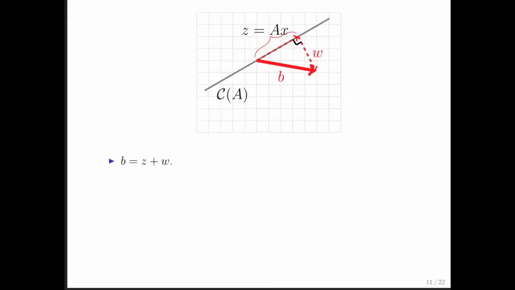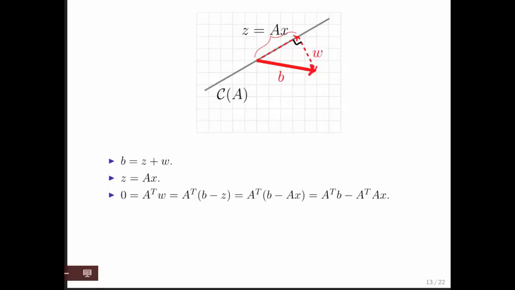Here we again write B as Z plus W. We know that Z must be a linear combination of the columns of A. We know that W must be orthogonal to the column space of A, that is, in the null space of A transpose. That's what we learned when we looked at the 4 fundamental spaces last week.